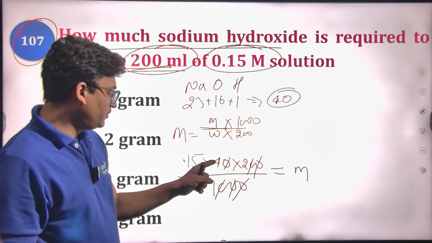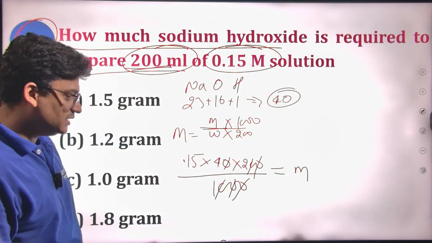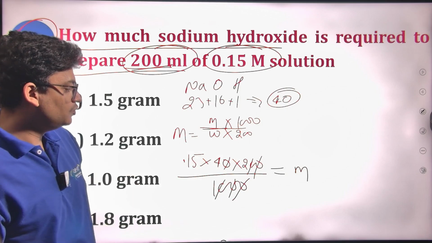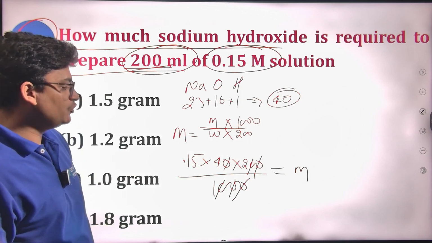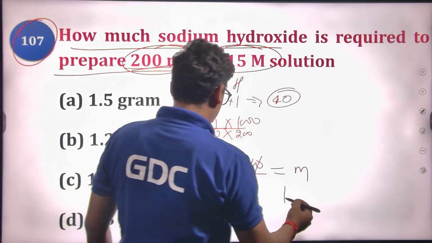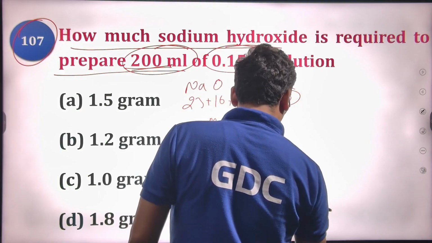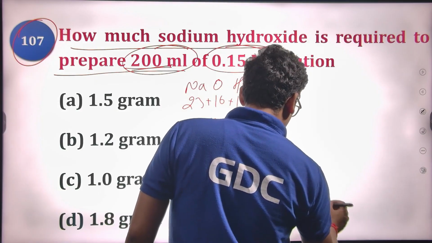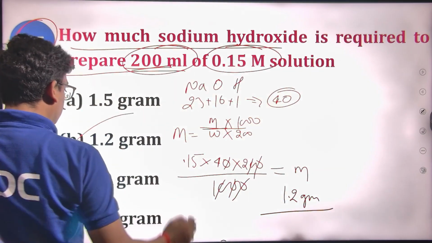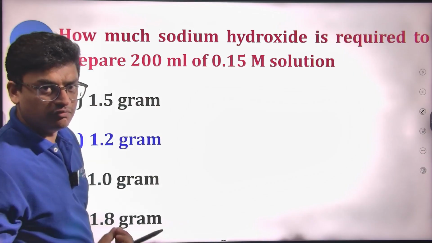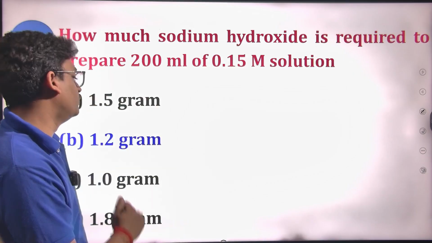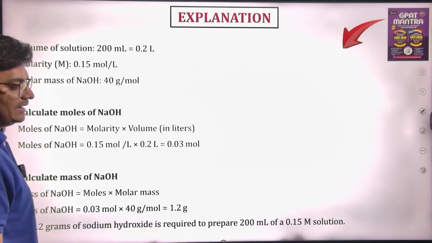So 15 fours are 60, 60 into 2, that is 12. Okay, so we will be having 1.2 grams. Mass will be 1.2 gram. Okay, so this will be the right answer.